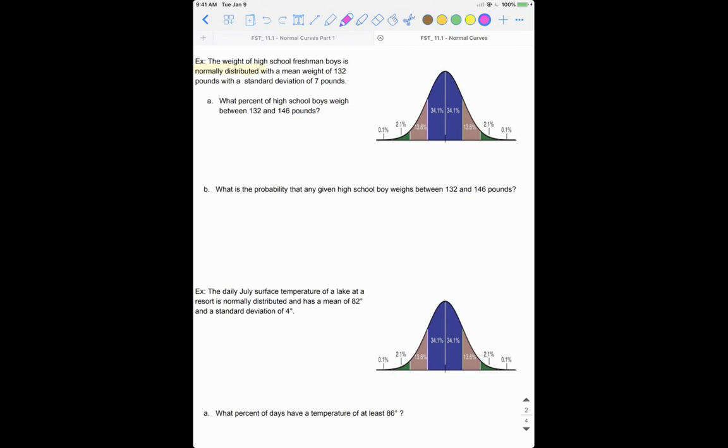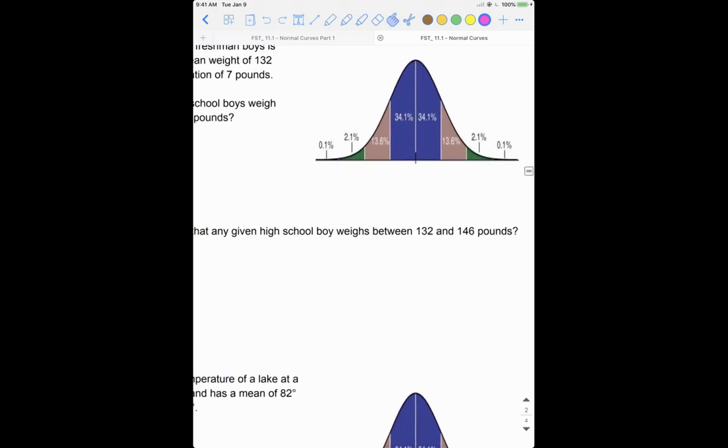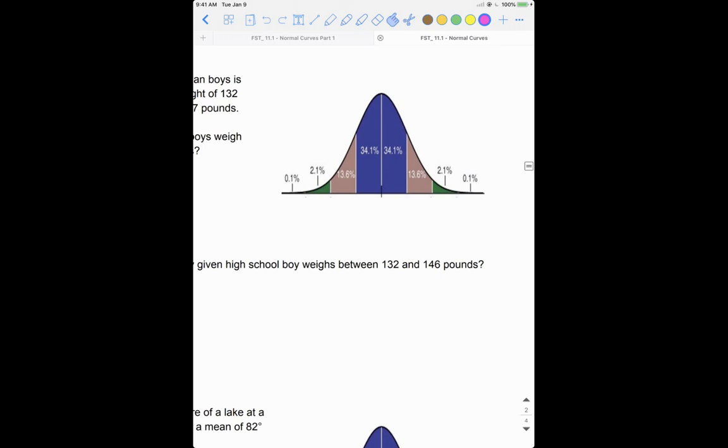So if we look at the percentages on our normal curve, we're told our mean weight is 132 pounds. Each standard deviation we go out, 1, 2, 3, down 1, down 2, down 3, is going to be 7 more pounds added to it, or 7 pounds subtracted from it. So we go out here and get to 139 pounds because we added 7.